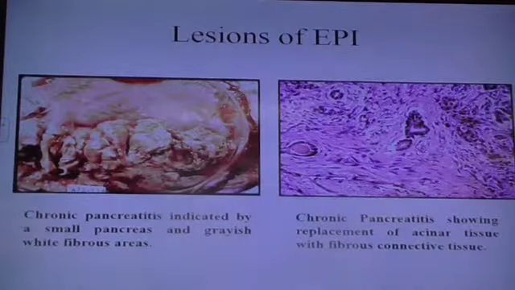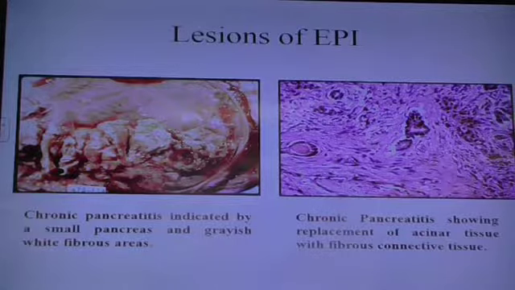Well, this is lesions first. You can see over there, that one picture on the left. It's the chronic pancreatitis, and you see a small pancreas with fibrous tissue, those raised white areas of fibrous tissue. And here's a histosection of it. And where's all the normal pancreatic islet cells? They're not there.